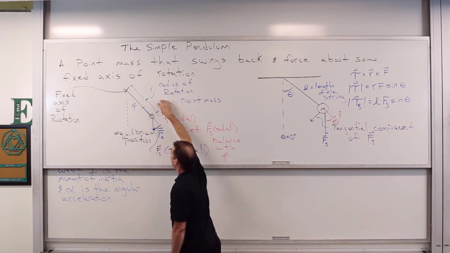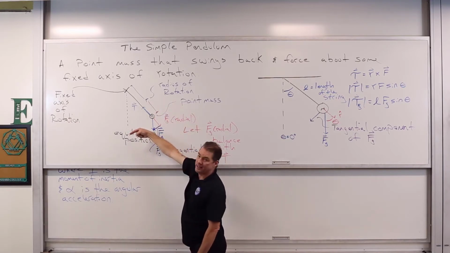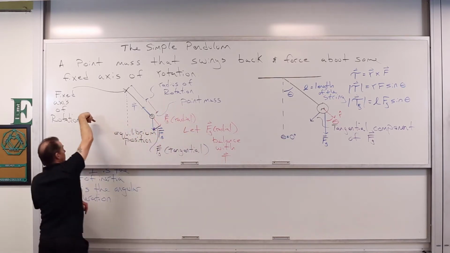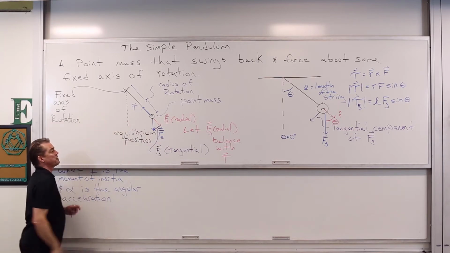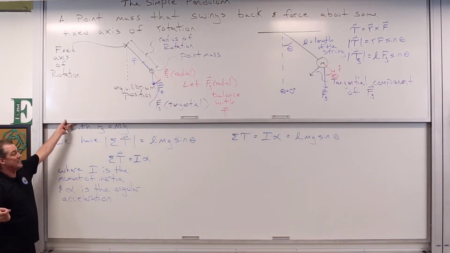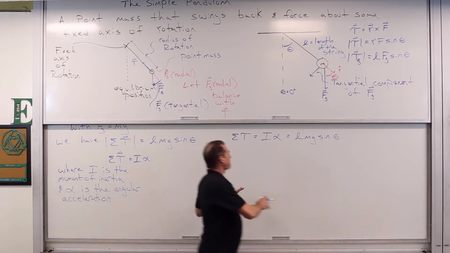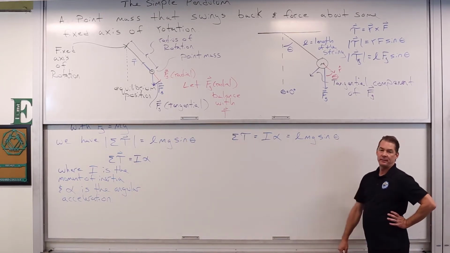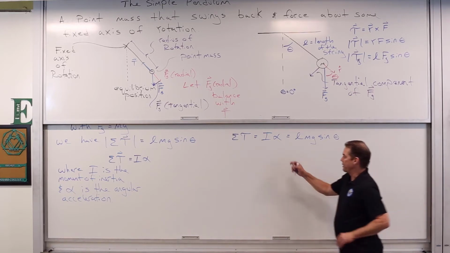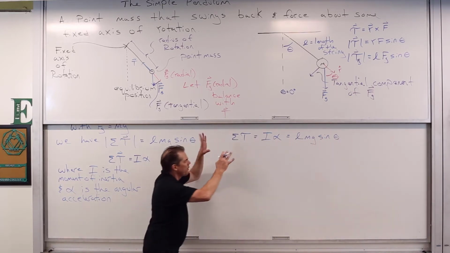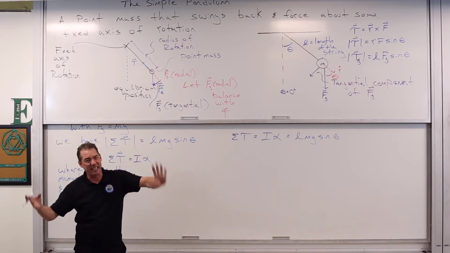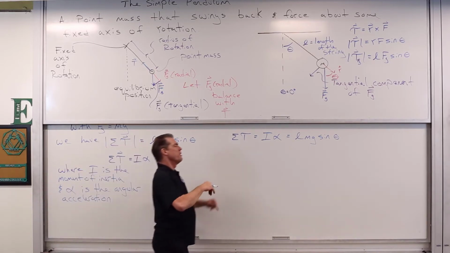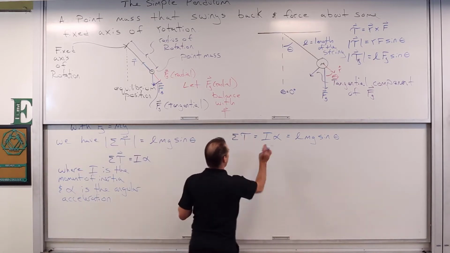So if it's on the positive side, we can say that's negative. If it's on the negative side, we could say the angular acceleration is positive. The main thing is that there is a sign difference between these two terms, theta versus alpha. So we resolve this down into just talking about magnitudes, but direction still has to be embedded within this.